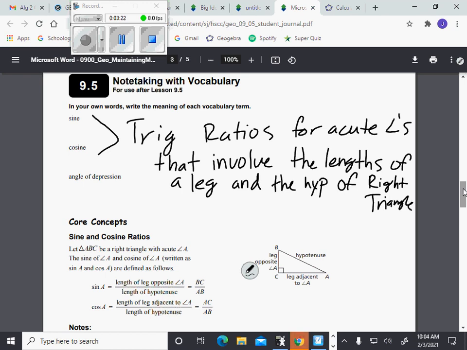Okay, the trig ratios for acute angles that involve the lengths of a leg and the hypotenuse of a right triangle.